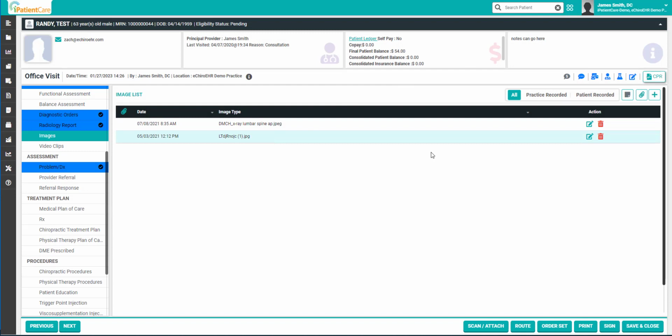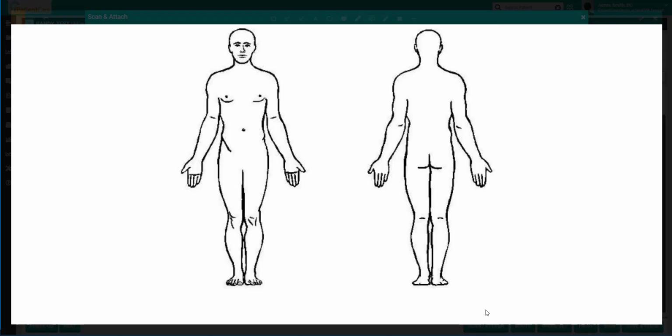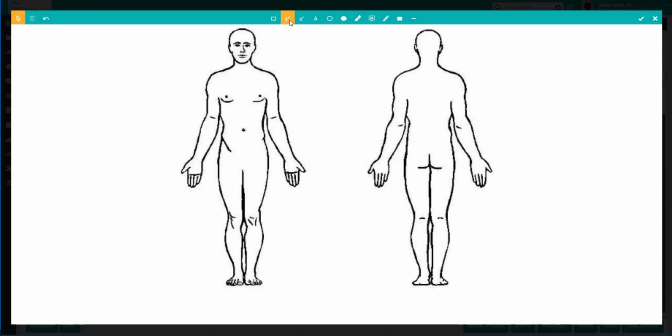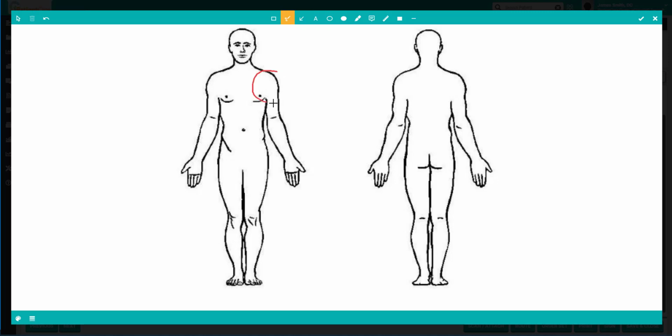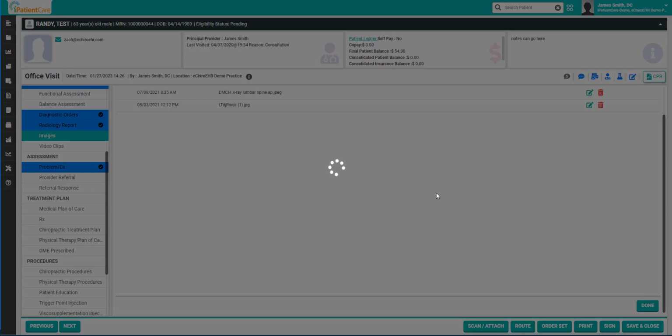Or you can bring in an image that you may want to mark on or annotate. And this can be added into the patient record and written directly into the patient note.